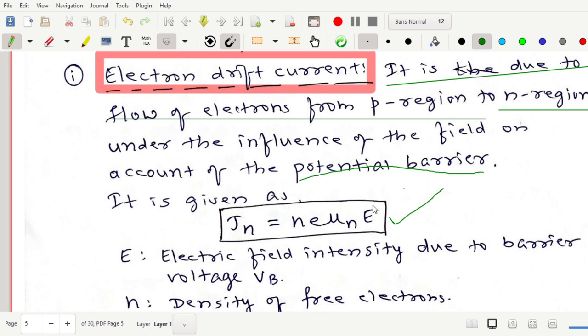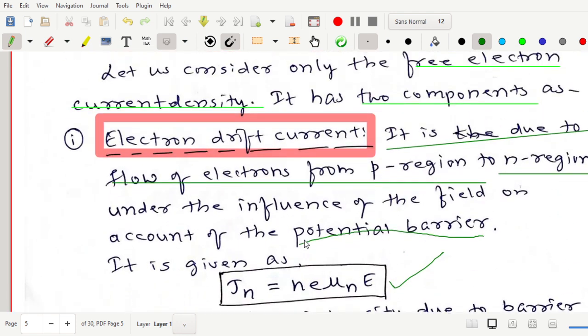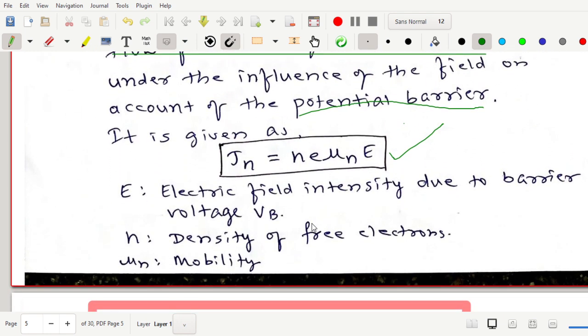Now you may ask the question how this expression is coming. So this is a fundamental electron density expression. In this expression, which is electron drift current, let us see the terms one by one. So Jn is equal to n e mu n into E.